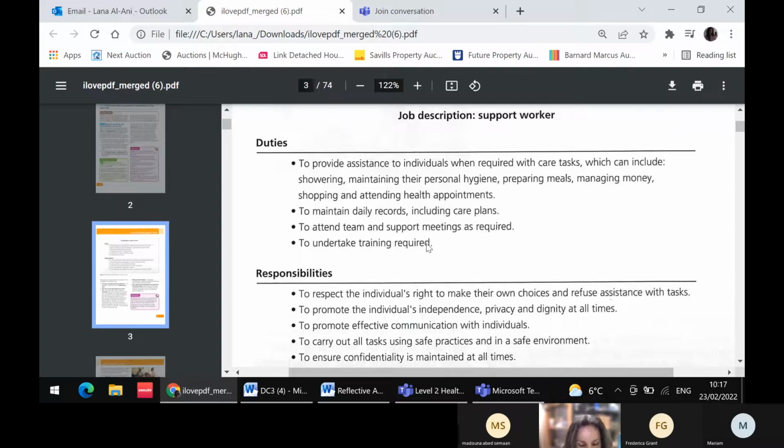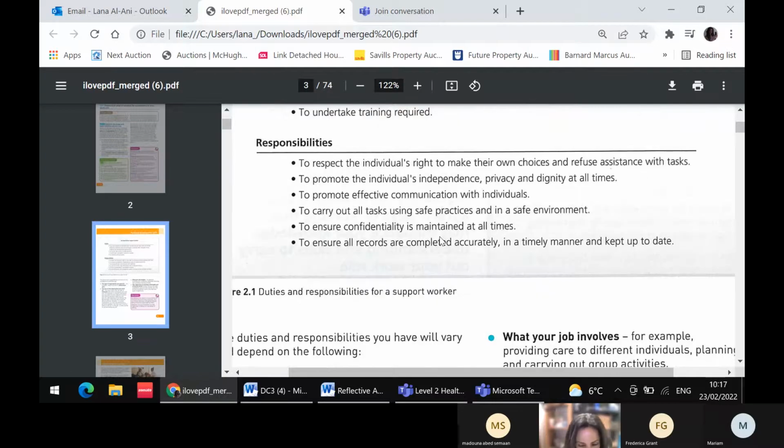How about our responsibilities? Our responsibilities, obviously, are to respect them, to assist them and to promote their independence, privacy, and dignity, which is very important, and to promote good communication with them, and to carry out all our duties in safe practice and a safe environment, because we are providing them with safeguarding, and also to ensure confidentiality.